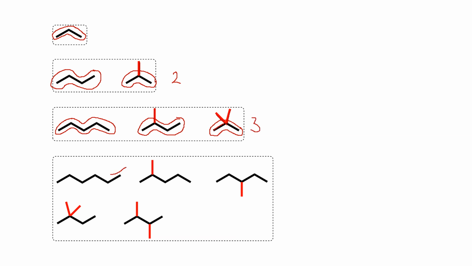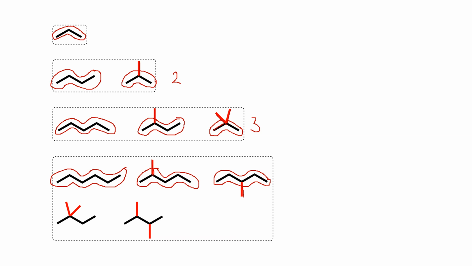If we have C6, again we have the 6 in one chain, this is 1, 5 in one chain and 1 branch, again 5 in one chain and another 1 branch.